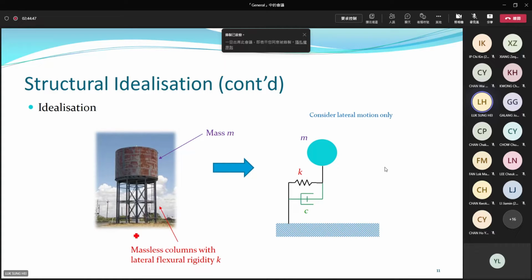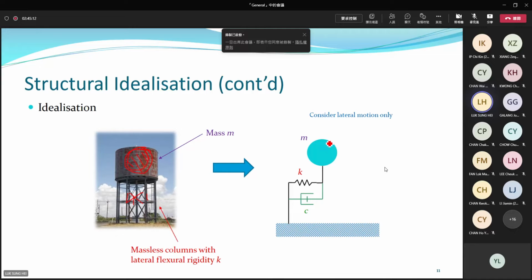This water tank structure has a big mass at the top. There is also mass in the columns, but compared with the mass at the top, the column mass is negligible. So at the beginning, we will assume that all the mass is concentrated at the top of the structure.